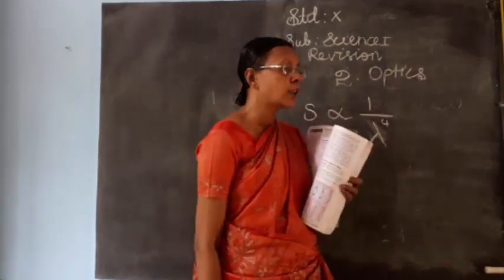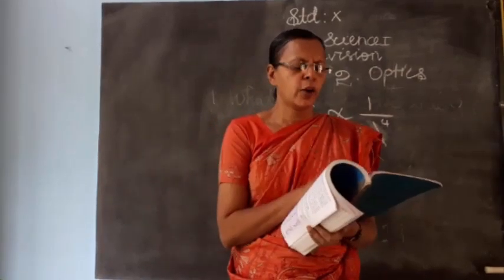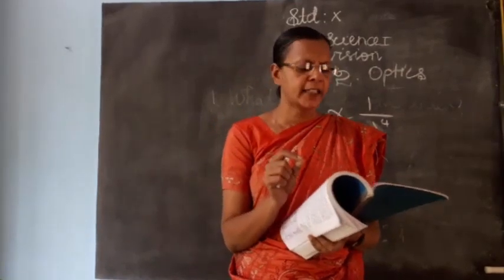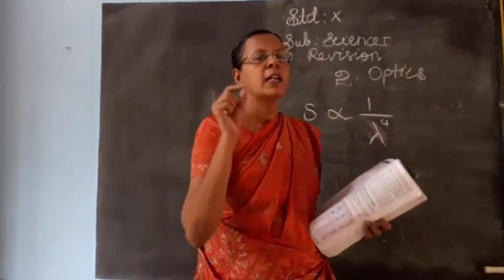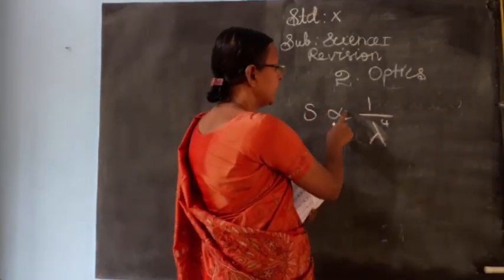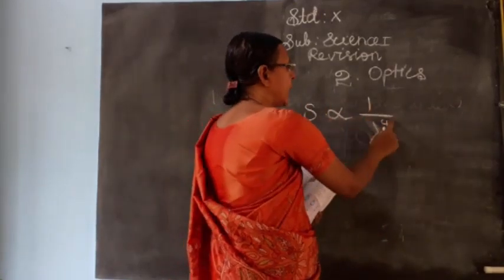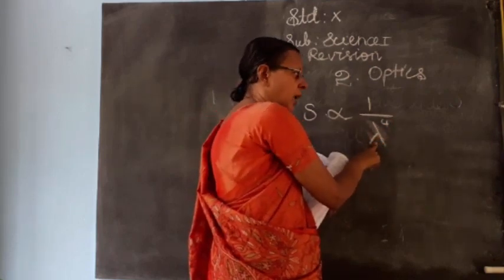So what does Rayleigh's scattering law say? The amount of scattering of light is inversely proportional to the fourth power of its wavelength lambda.